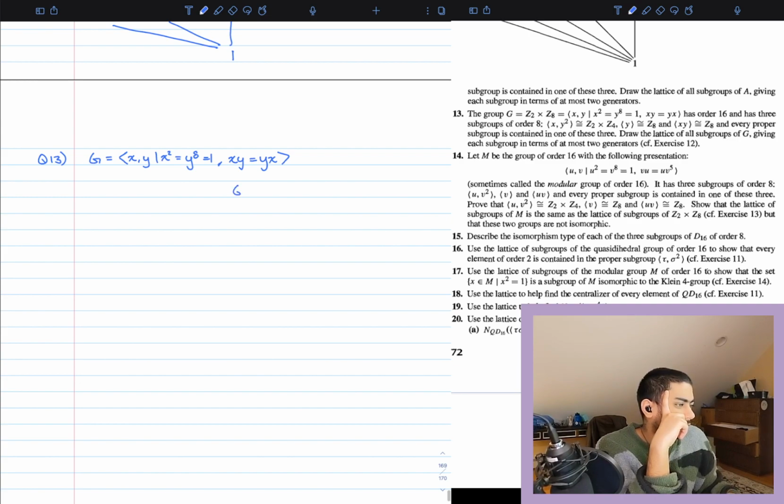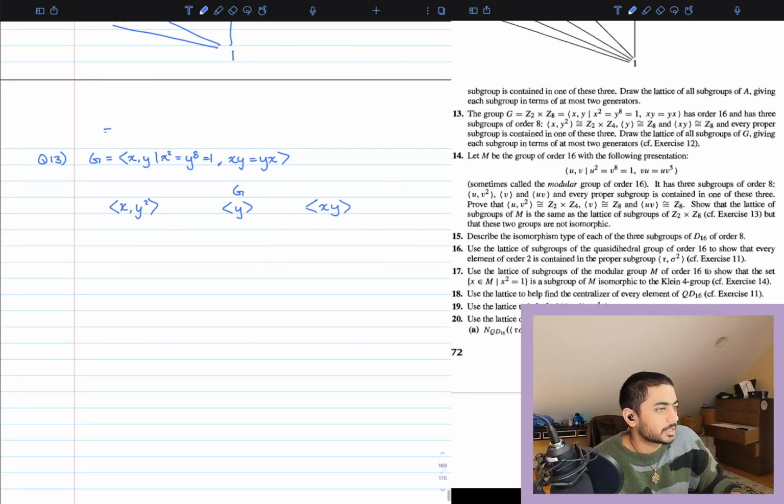Way up top we've got G, and we've got 3 subgroups of order 8. Every proper subgroup is contained in one of these 3, which means that these make up the top row. We've got the group generated by x and y squared, the group generated just by y, and the group generated by xy.